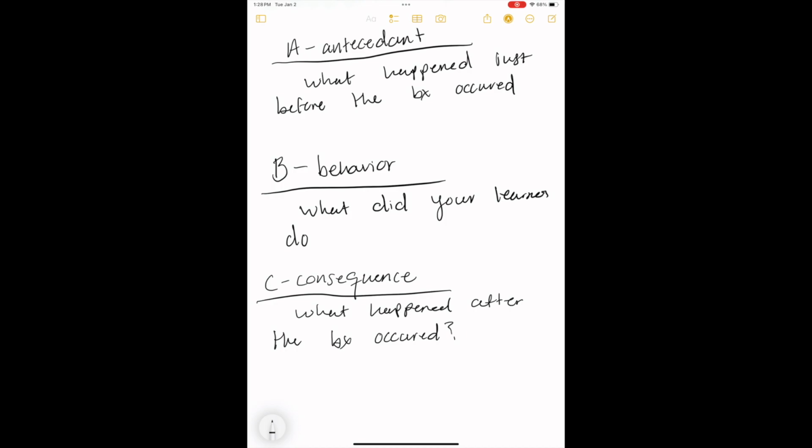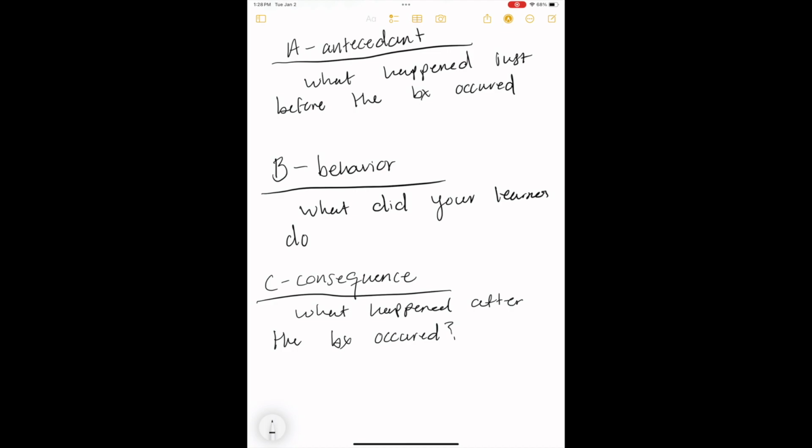A lot of RBTs get caught up talking to one another. A lot of RBTs get caught up talking to teachers and stuff like that. Your learner might be eating lunch. Maybe you're eating lunch with them, and at that point you're not observing him, and then he engages in a behavior, and then the antecedent is very unclear because you didn't see what happened because you were eating lunch.